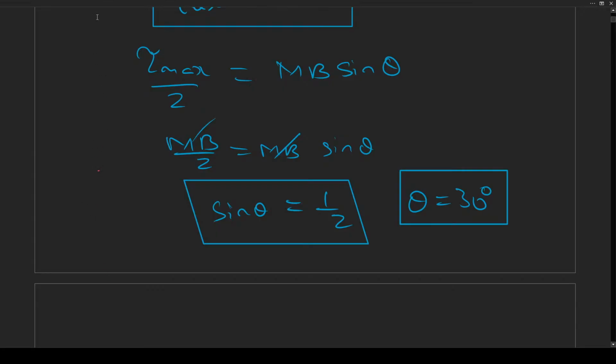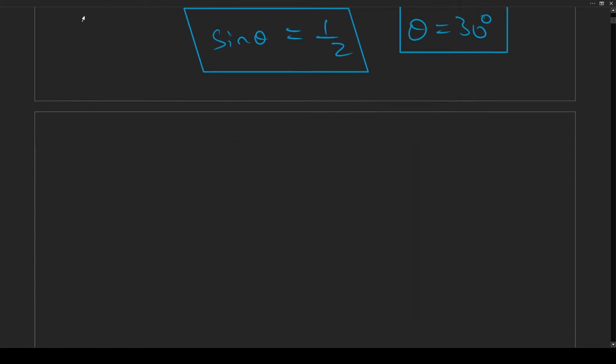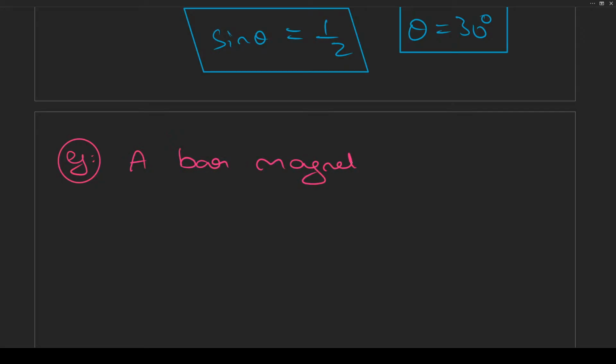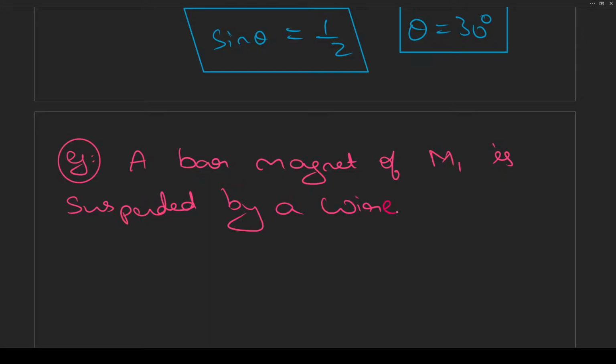Now let's go to the next question. A bar magnet of magnetic moment M1 is suspended by a wire in a magnetic field.